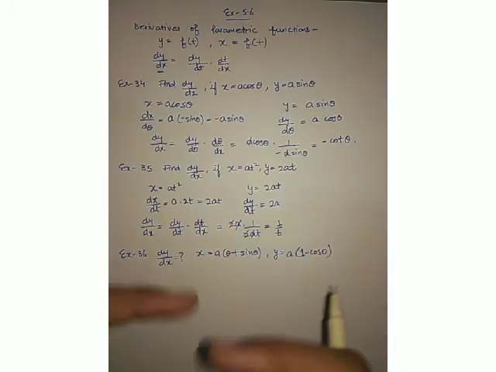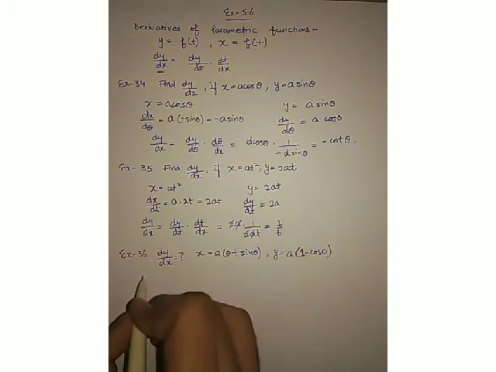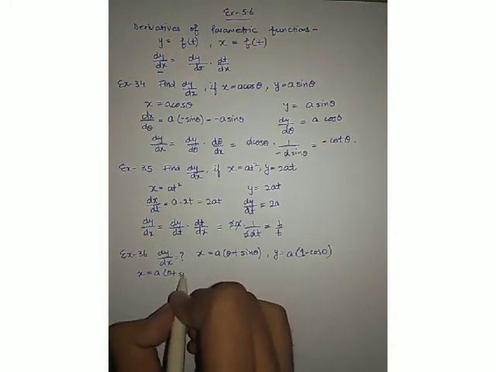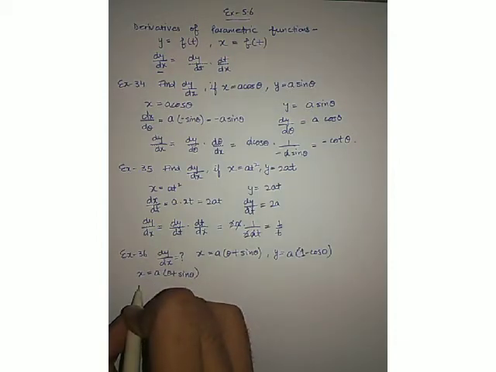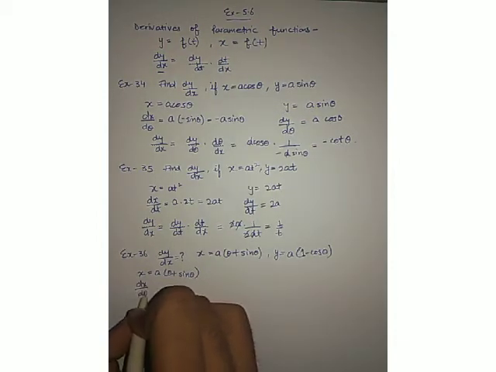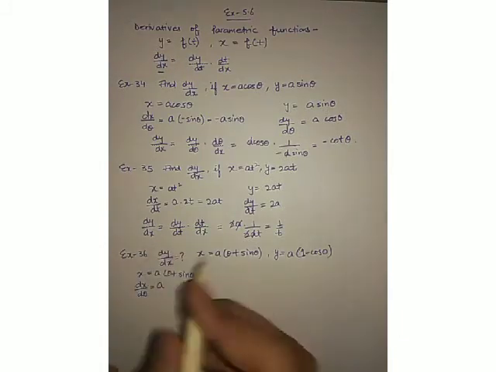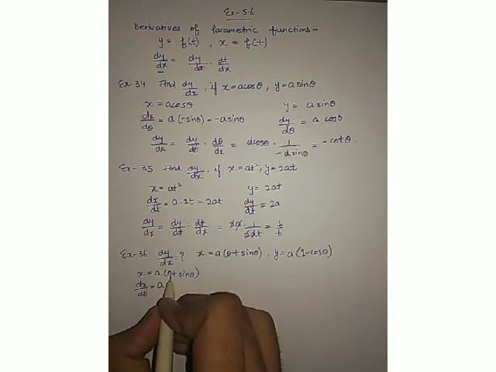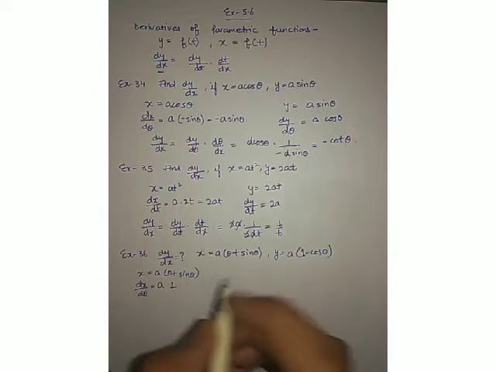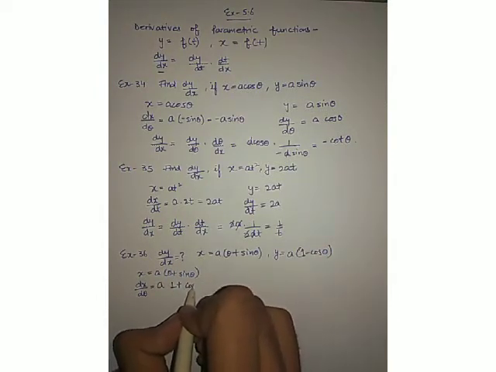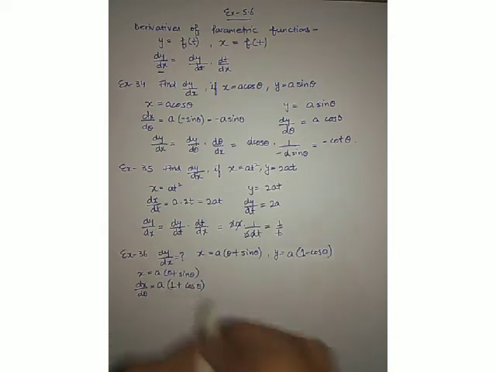So our differential will be d by d theta only. Firstly, x is equal to a theta plus sine theta, and dx upon d theta will be the differentiation of this. A is constant, so it will remain outside the differential only. What's the differentiation of theta? That is 1, because it's with respect to theta only. And what's the differentiation of sine theta? That is cos theta. Clear?